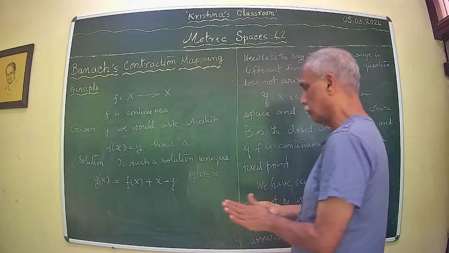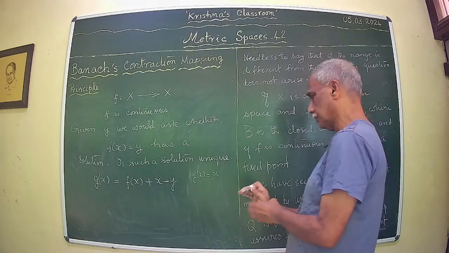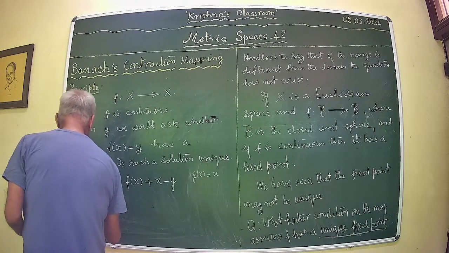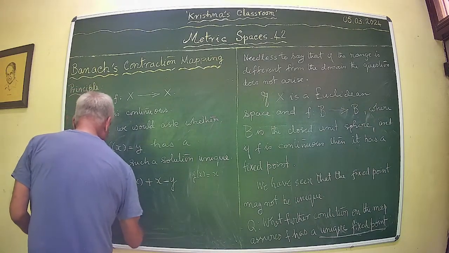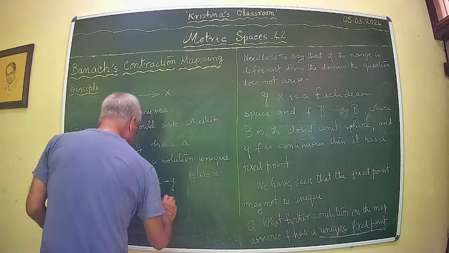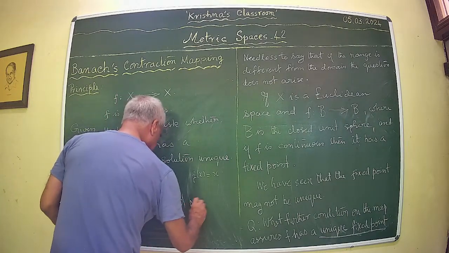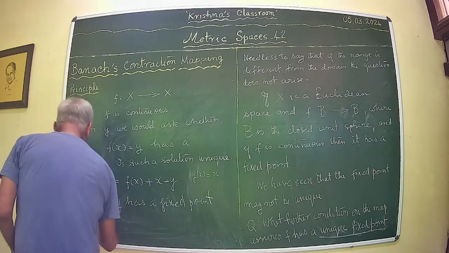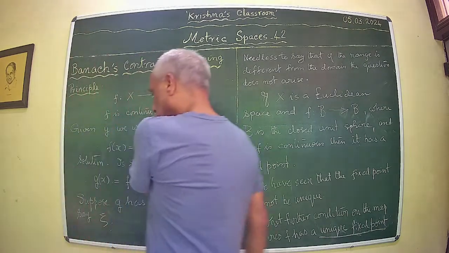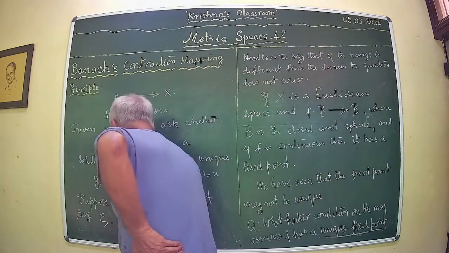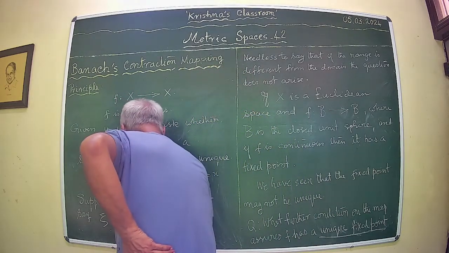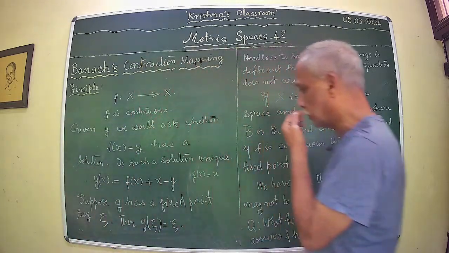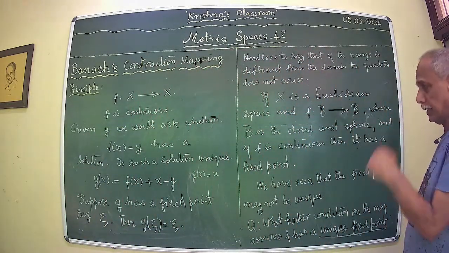Now we would like the following. Suppose G has a fixed point psi. Then we have G psi equal to psi.